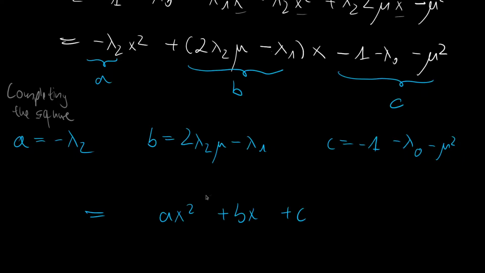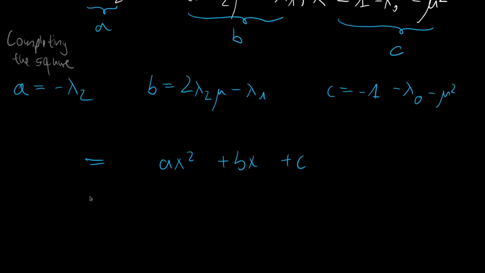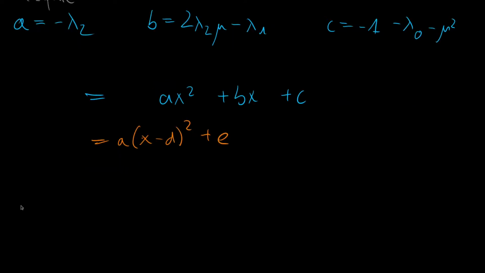The technique of completing the square is given as expressing this as a times (x minus d) in brackets squared plus an e. We define this as follows: a is a, d is given as minus b over 2a, and e is c minus b squared over 4a.